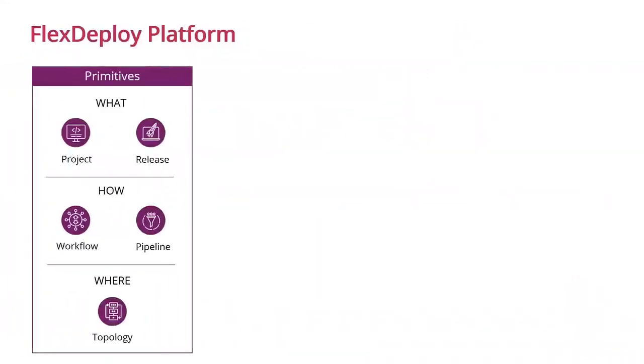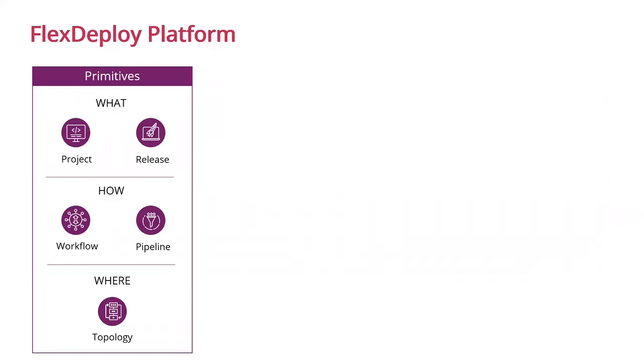And so just a little bit on the FlexDeploy platform. Through the module design, it's broken down into primitives. We think of it as the what, how, and where. The what being modeling of the software components across the organization in a project, and then they bundle together into a release, which defines a shared delivery milestone.